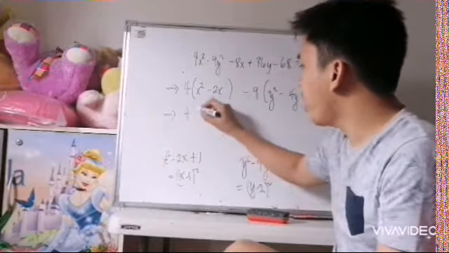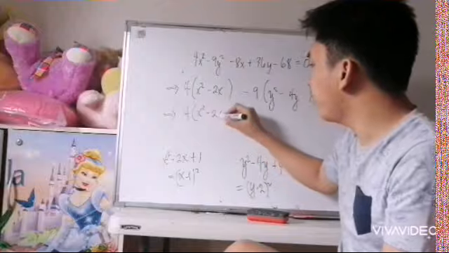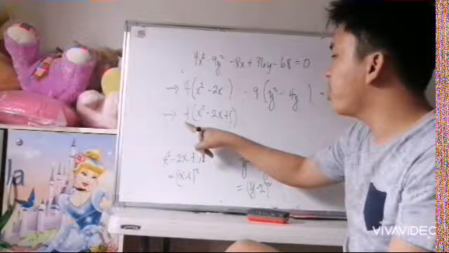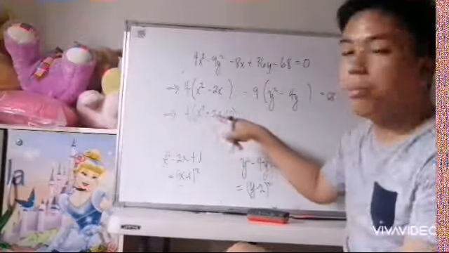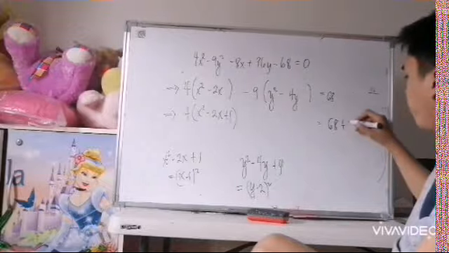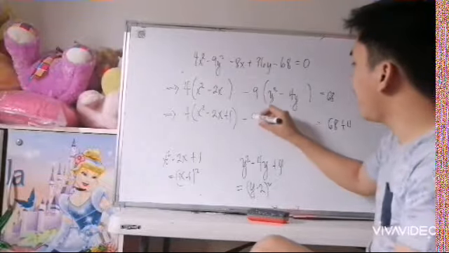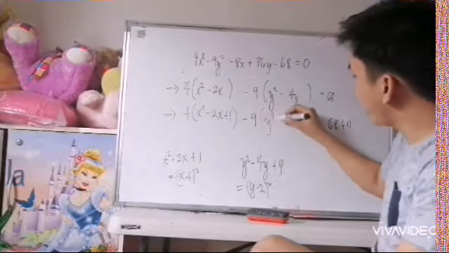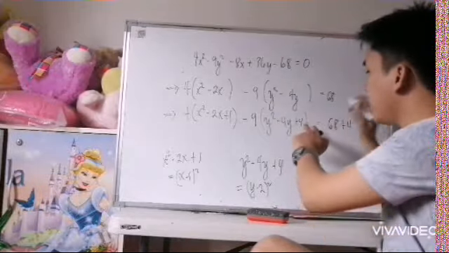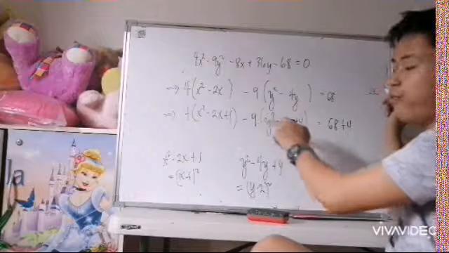So I have here x squared minus 2x, and I will add 1. Technically, I'm adding 4 because I can multiply this by 4 outside. So I will add 4 here. Then this is 9y squared minus 4y, so I will add 4 inside, technically adding 36, 9 times 4.